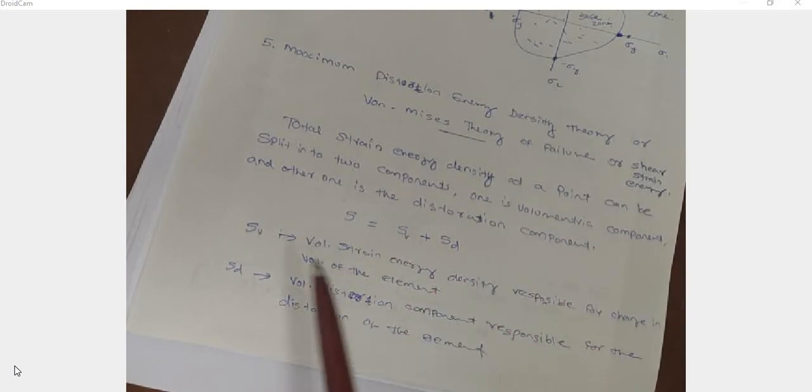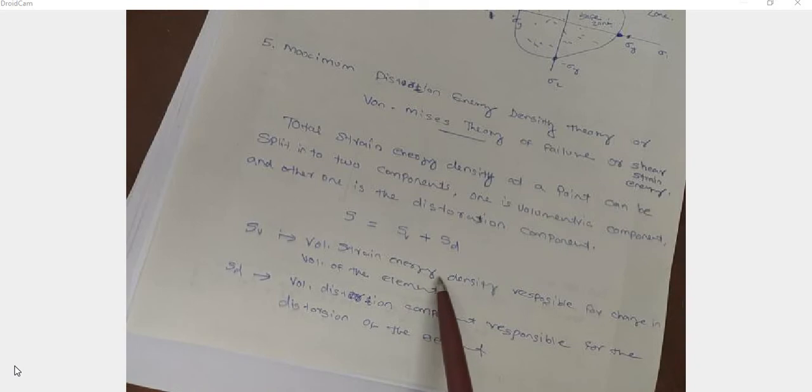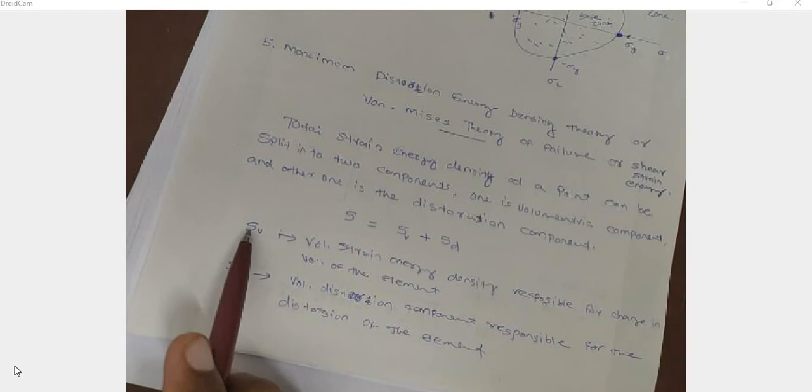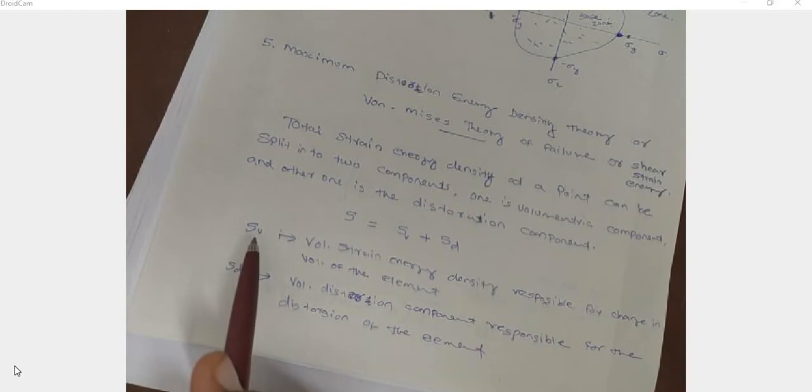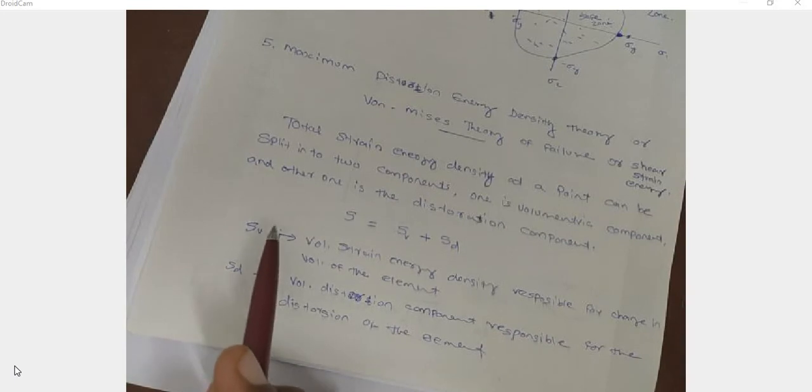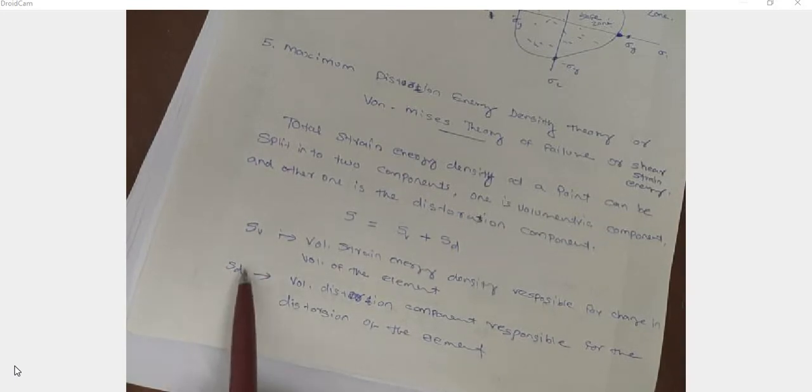SV, the volumetric component, is responsible for the change in the volume of the element. So when we supply any force, the material is strained, and how much energy is used for changing the volume, that is SV. And out of the total energy supplied to a body for deformation, how much is used for distortion, that is SD.